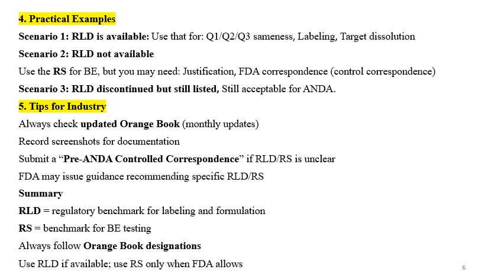Then FDA may issue guidance recommending specific RLD RS. Also, always check the product specific guidance for BE studies. In that, you will understand the strength on which biostudy is required to be performed and the strengths which are waiver strengths. So, RLD is a regulatory benchmark for labeling and formulation.